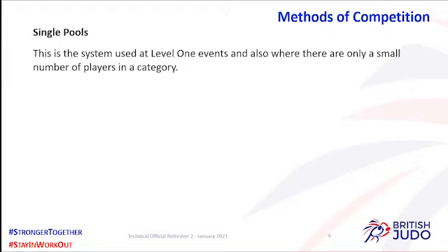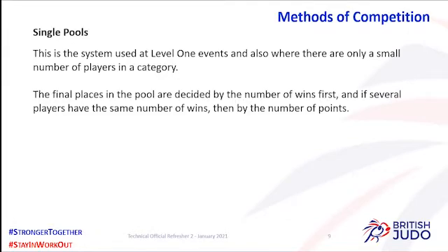So if you had a level 3 event, for example, and you had a category where there was only 4 or 5 athletes, to give them some real satisfaction for attending the event, you could put all 4 athletes into one pool, so at least they get 3 matches for their trouble of coming to the event.